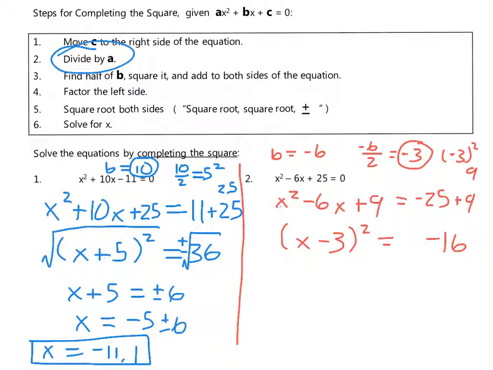To get rid of the square, we square root both sides. When you do this, you must put plus or minus on the right side. X minus 3 equals plus or minus 4i. So x equals 3 plus or minus 4i.